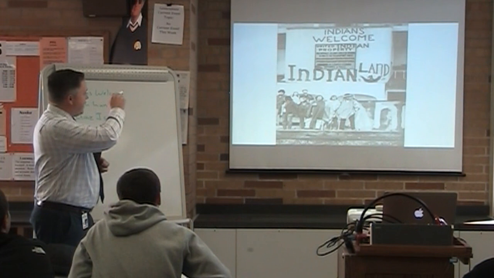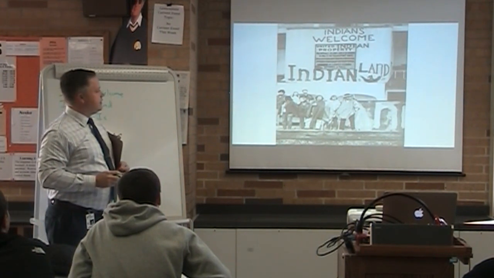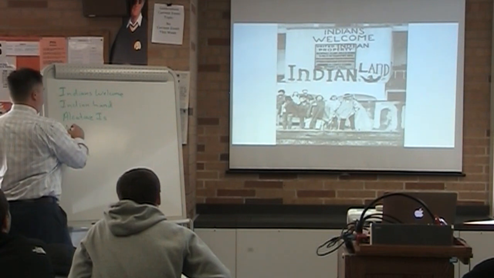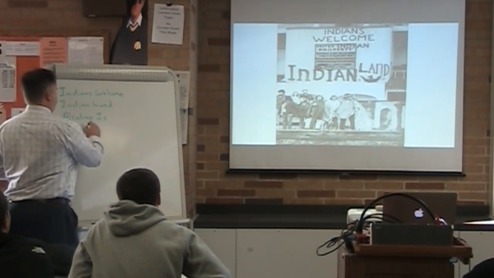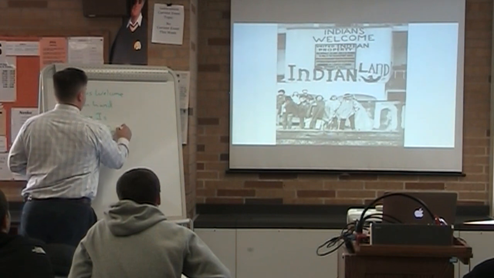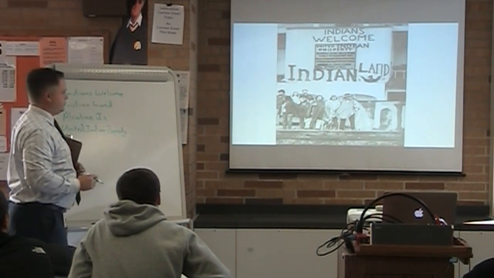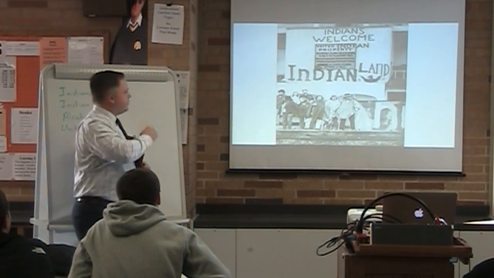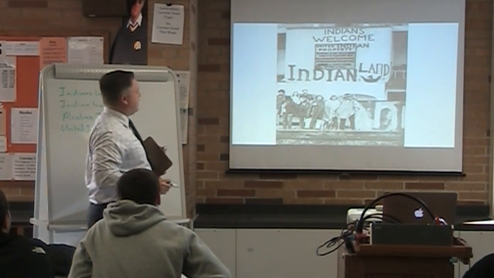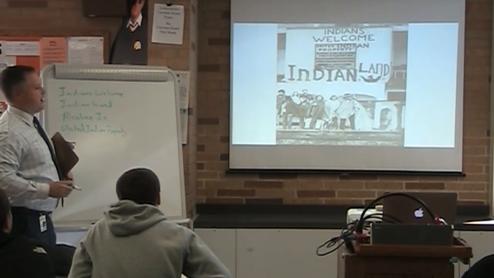Where it said United States property, it now says United Indian property. And then we see some things that have been painted out, and below it, allowed ashore without a pass.